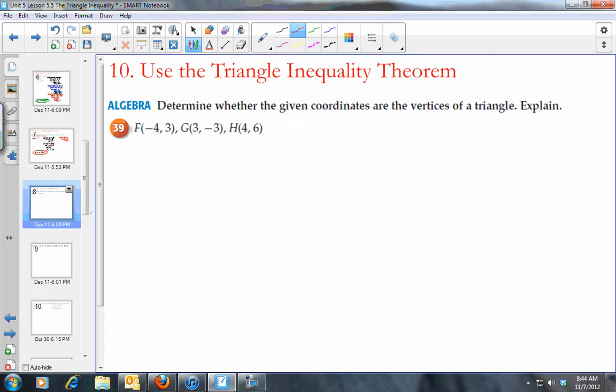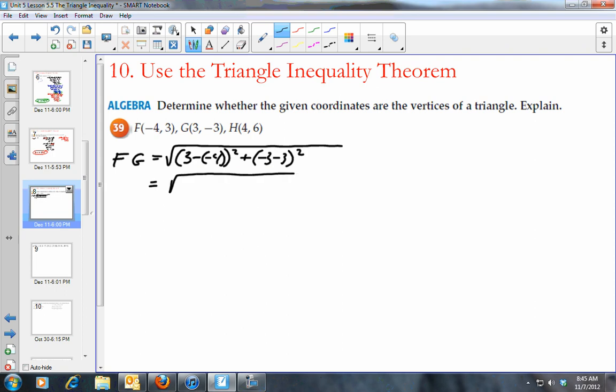All right, determine whether the given coordinates are the vertices of a triangle. Well, let's take a look at this one then, number 39. How are we going to do that? Yep. So let's find the length of FG. So that'll be x2 minus x1, quantity squared, plus y2 minus y1, quantity squared.